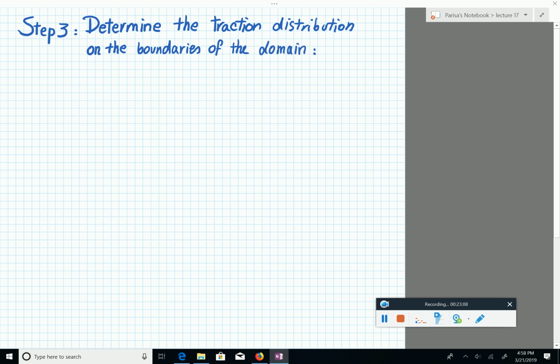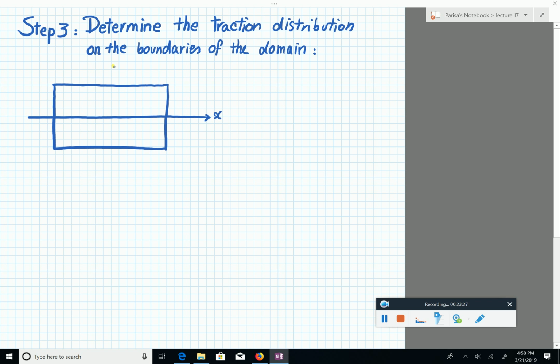So we didn't really draw this domain yet, so it's a good time to do that. So we said the Cartesian formulation is best for rectangular domains.